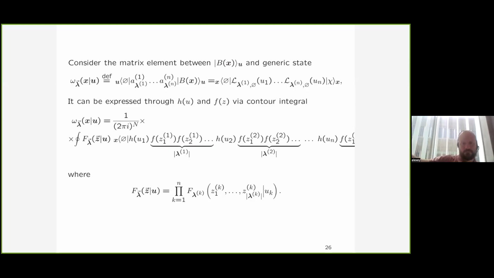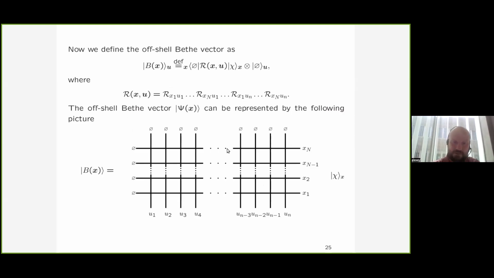So it's a product between vacuum and the chi state of such n factors starting with h and then f's, okay? Why is it so? You can see it from this picture. Once I have taken some component here, I change the point of view and think of it as a matrix element of a product of Lax operators acting in the auxiliary space.